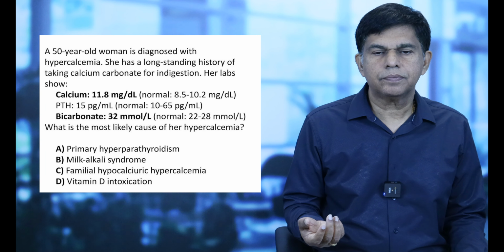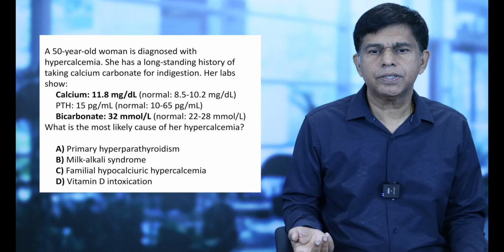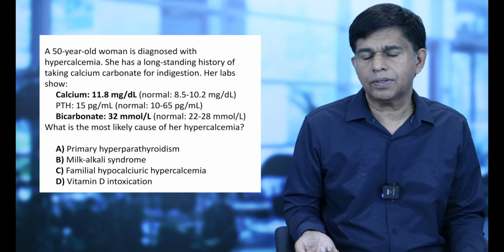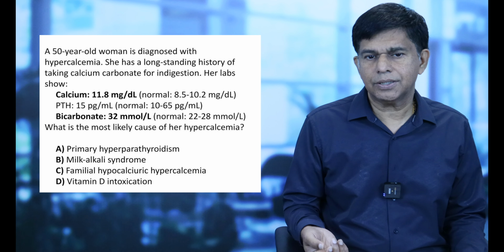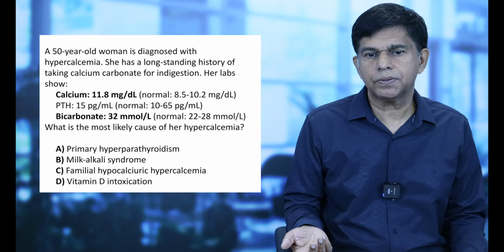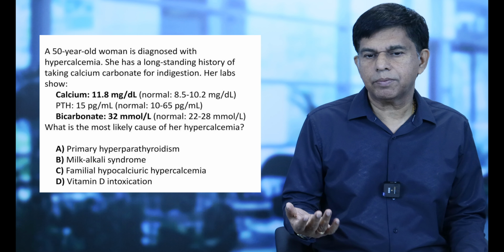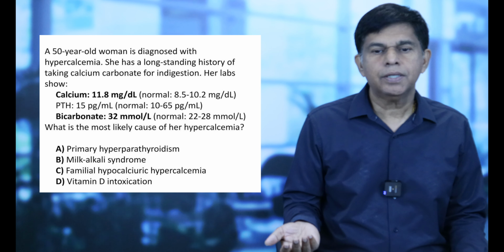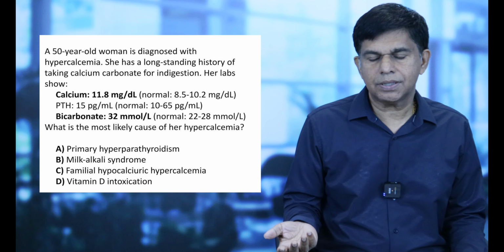Now, another question: a 50-year-old woman with hypercalcemia, has been taking calcium carbonate for indigestion. Calcium is high, PTH is normal, bicarbonate is 32. In this patient, the choices are primary hyperparathyroidism, milk alkali syndrome, familial hypocalciuric hypercalcemia, and vitamin D intoxication.